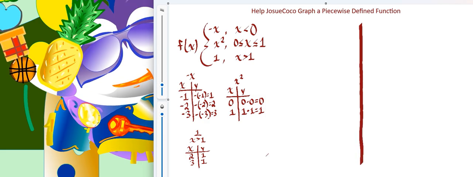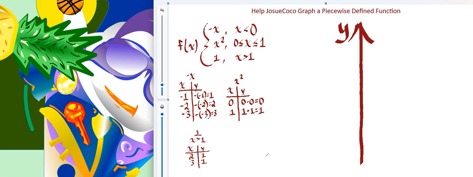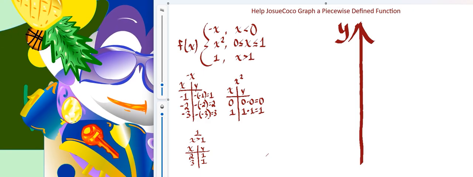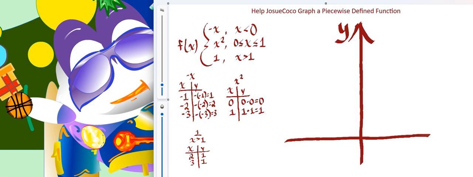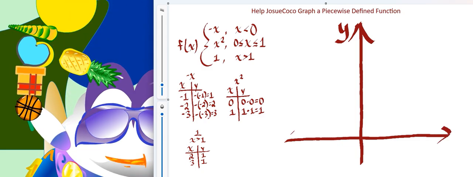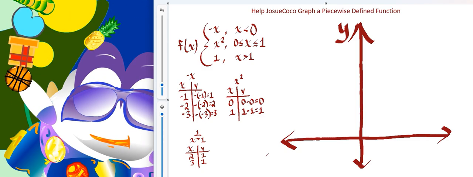Next step, we'll graph our piecewise defined function, staying true to the set intervals. Here's our y-axis, and drawing our x-axis.